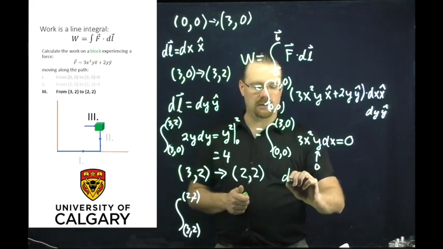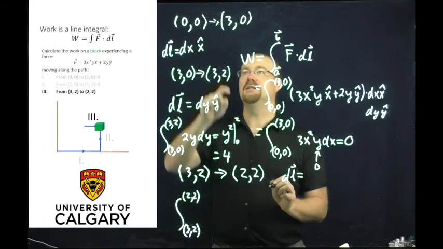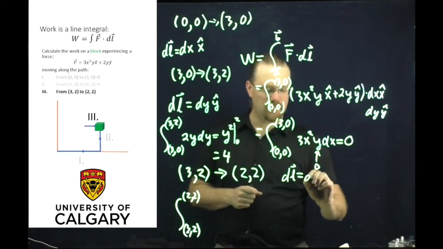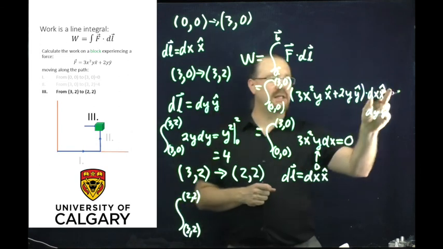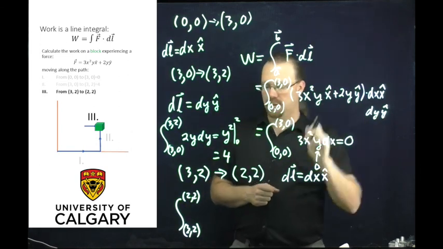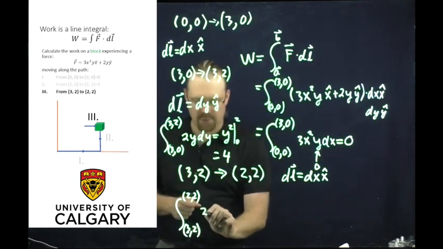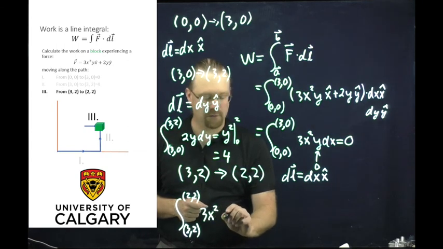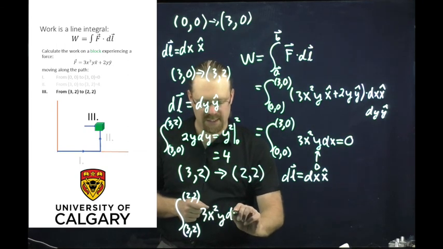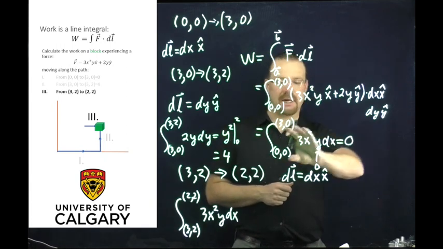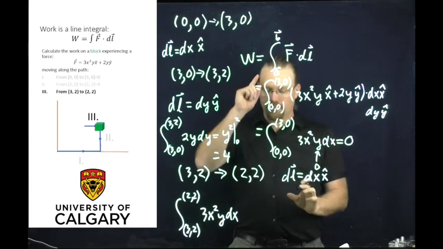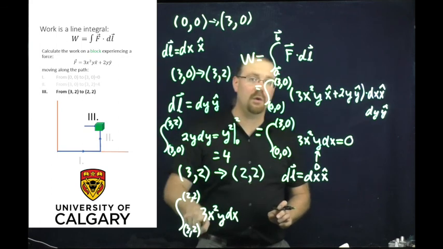And our dl, as I said, is going to wind up being exactly what we had in the first place, dx x hat. Which means that when we take this dot product, we're going to wind up with the same integrand we had before, 3x squared y dx. But here, y equaled 0, so this entire term went to 0. This time, y is going to equal 2.